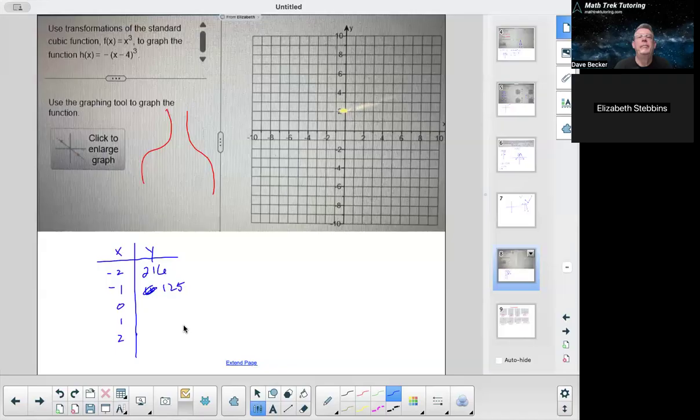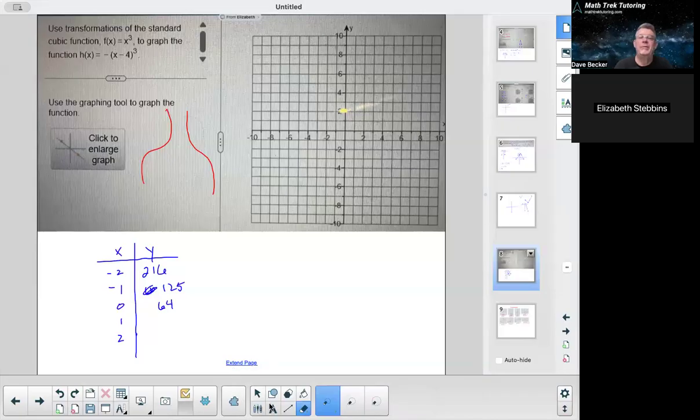If we plug in 0, we're going to get -64. We plug in 1. Oh no, we get +64. Yeah, we get +64. Sorry.